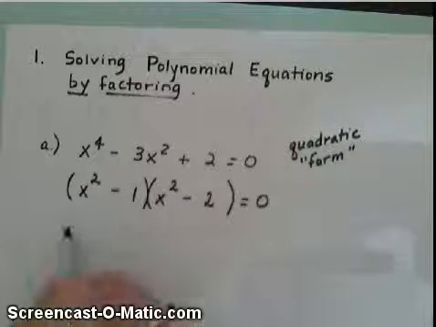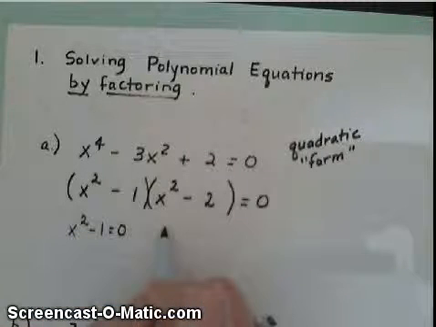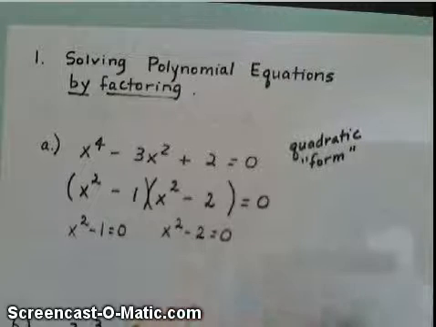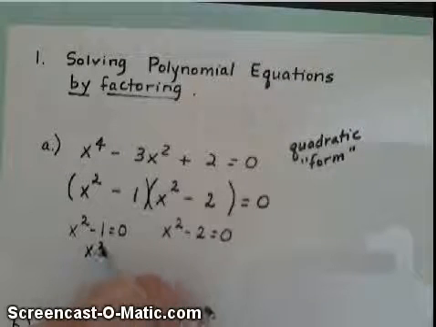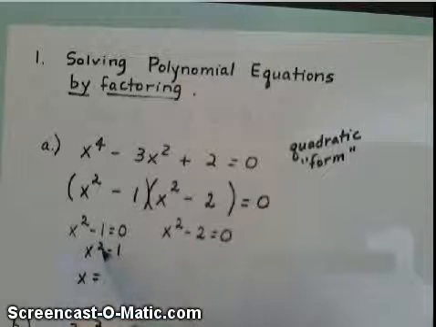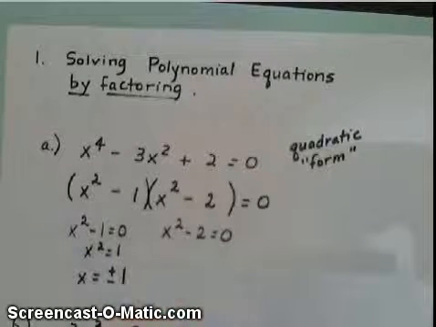Now let's talk about the solutions here. As you know, you take each parenthesis and set it equal to 0. So what we have here is x squared is equal to 1. And x is equal to, and remember, if it's x squared, there are going to be 2 roots, so don't forget plus or minus 1.